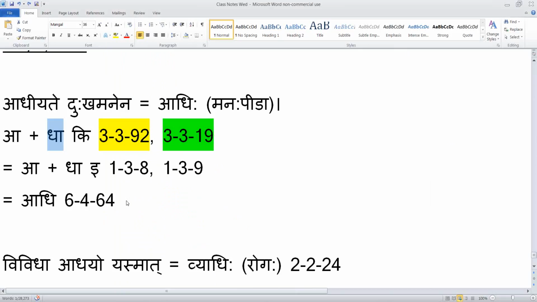And anyway, that commentary says Adhi. Adhi is like a mental anguish, mental agitation, mental pain. So adhiyate dukkham anena, that by which sorrow is established, sorrow is planted, so to speak, in your mind, is adhi, manaf pida.